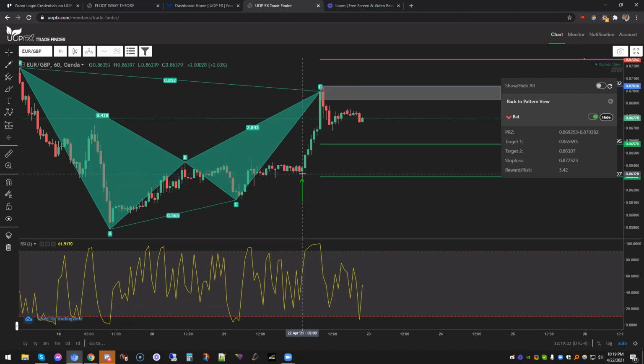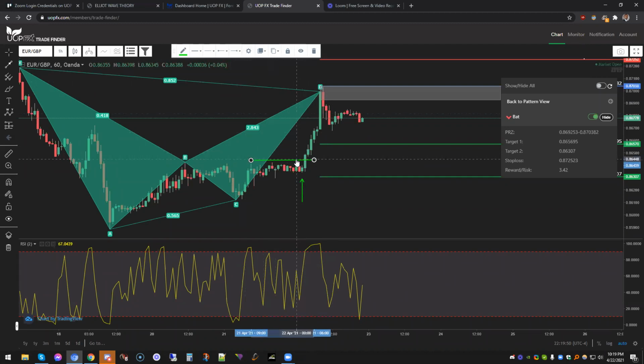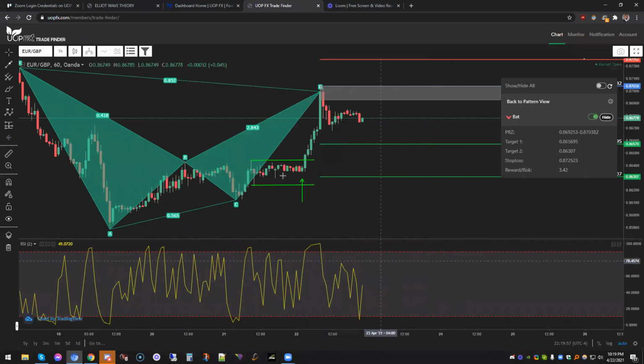If you had a setup telling you to go long at this price, that is where you want to go long. Now, if you're looking at the Elliott wave theory, then here's what you have: this as your high and this here as your low.